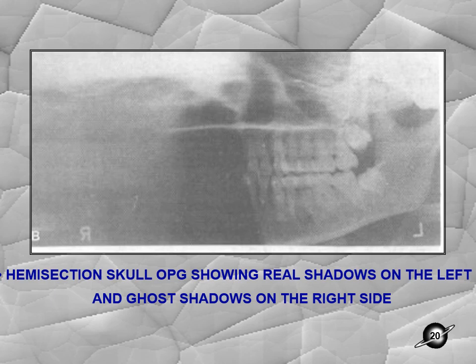But still there is some amount of faint structures seen on the right hand side. We can well appreciate on the right hand side there is a palate, and a faint distorted image of maxilla and the mandible. These faint structures are nothing but left hand side structures superimposed on the right hand side. We call these images ghost images.